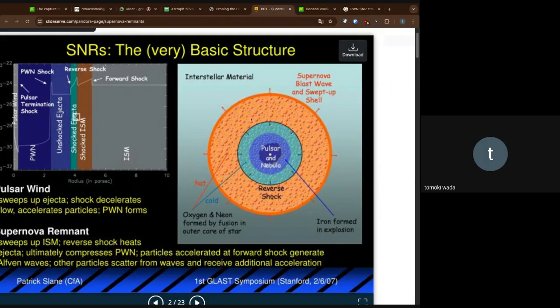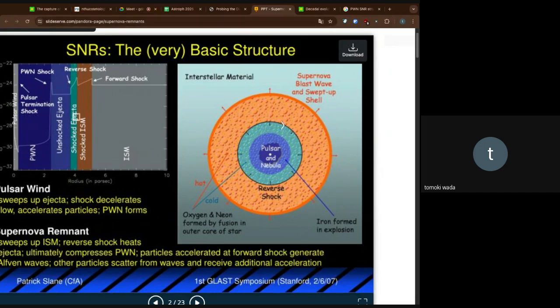One is the circumstellar medium, the second is the supernova ejecta, and the third is the pulsar wind nebula. The pulsar wind is emitted from here, and they collide and form very difficult structures.